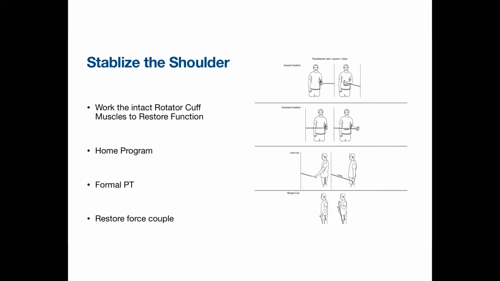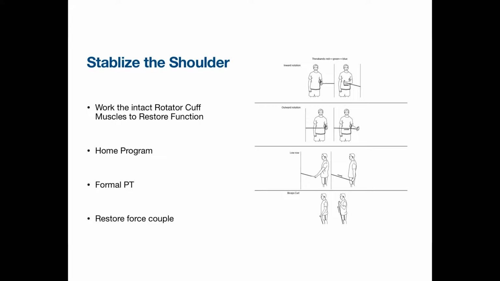So this next slide illustrates 4 simple exercises that are done to help restore the function of the rotator cuff. It's a little bit hard to see, but the first one demonstrates subscapularis strengthening, and that's where your elbow is directly on your abdomen and you're pulling internally at a very slow rate of speed against resistance using a TheraBand. So that's going to work the subscapularis muscle. In our early slides we illustrated that. That's an important tendon helping the force couple.